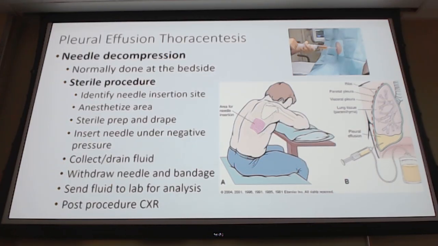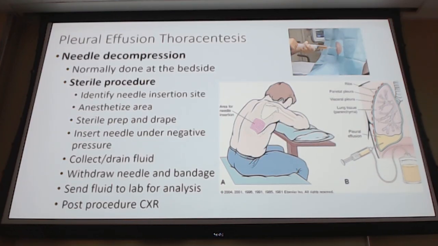All right, how do you do a thoracentesis? Okay, it's basically a needle decompression, but under sterile procedures, normally done at bedside, and normally we have them sitting up, kind of bending over a pillow. Okay, same thing, kind of like when we were doing those LPs or the lumbar spinals.